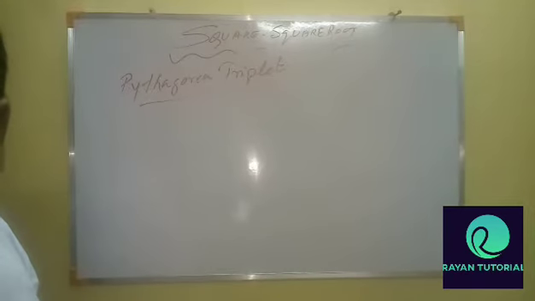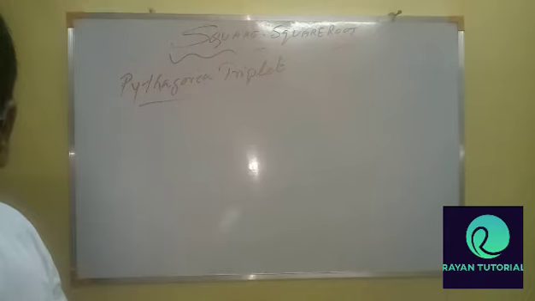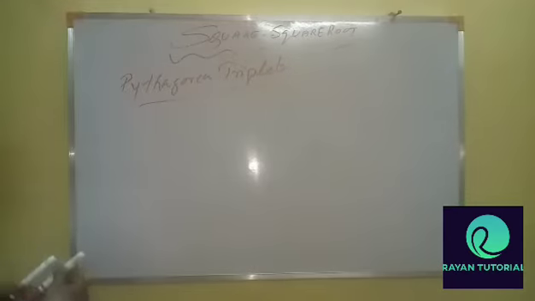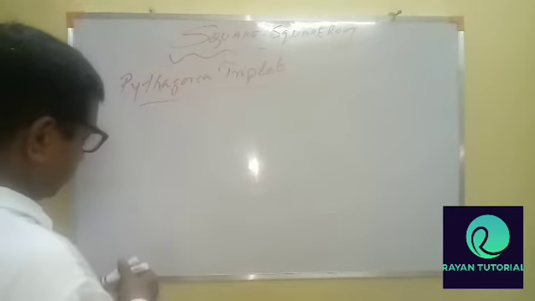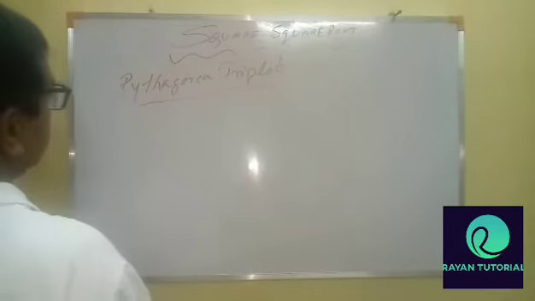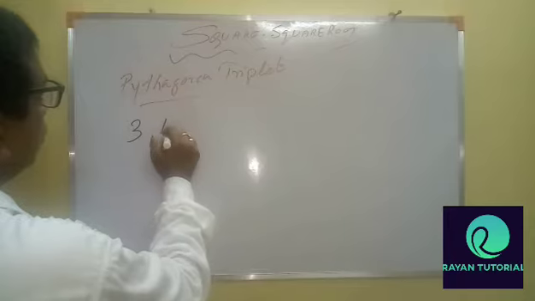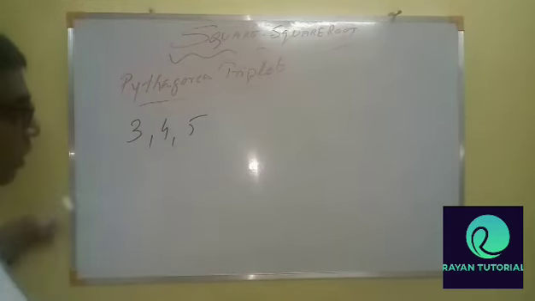Where is Pythagorean triplet? I can find it in the book. Okay. Suppose 3, 4 and 5.